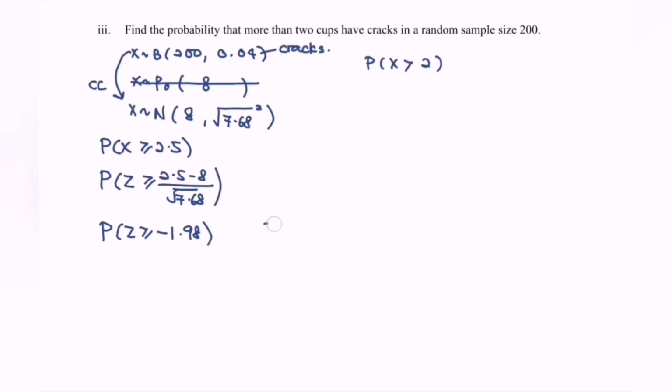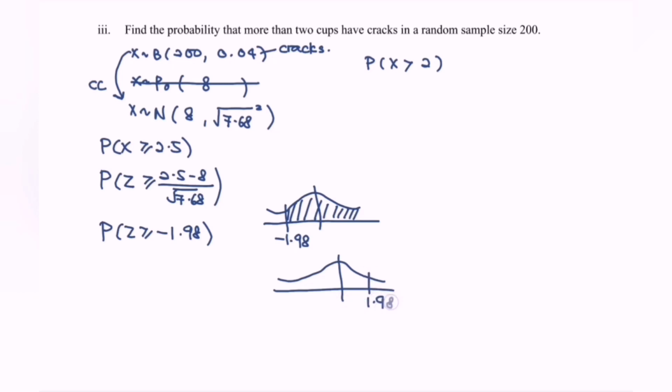Next, by referring to the diagram, we locate the region where Z is greater than or equal to negative 1.98. Next is to modify the situation, where we have 1.98 and the region is on the left.